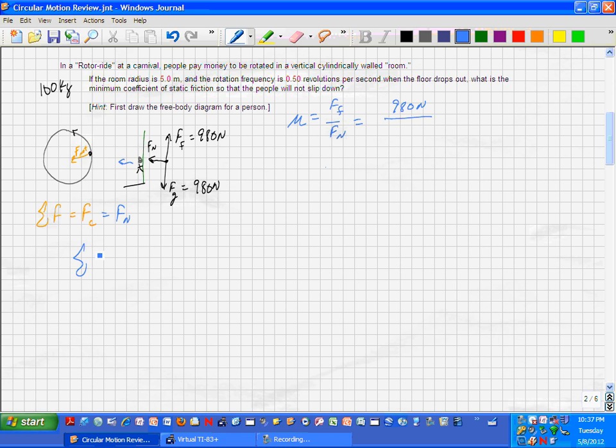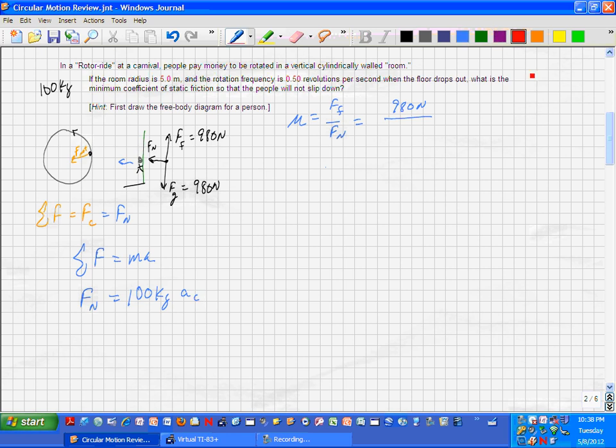Well, sum of the forces is also equal to ma. And so the normal force is going to be equal to mass, 100 kilograms, times the acceleration. Well, we need to find that circular or centripetal acceleration.